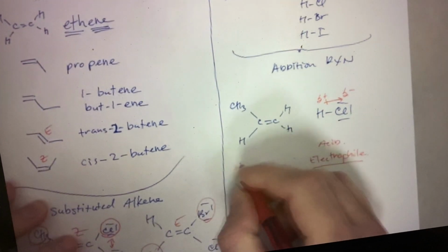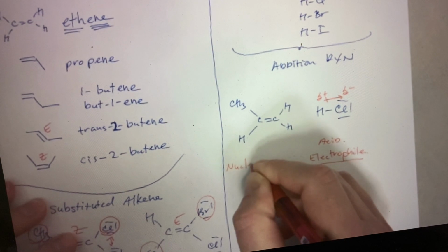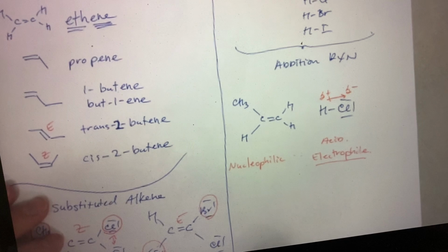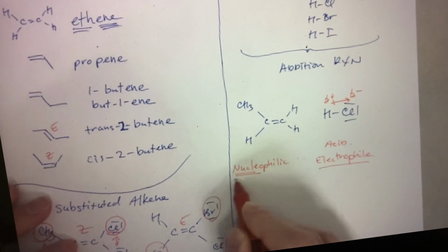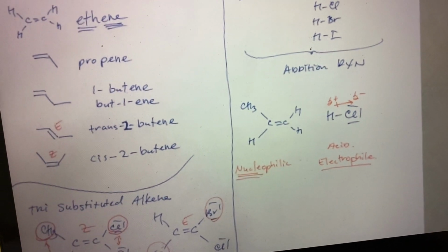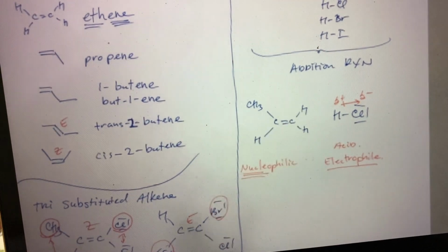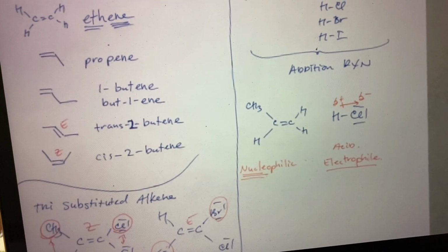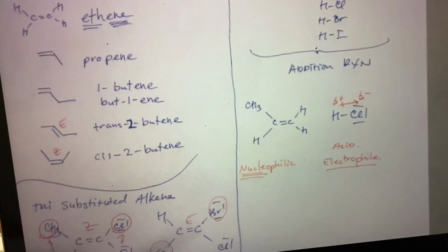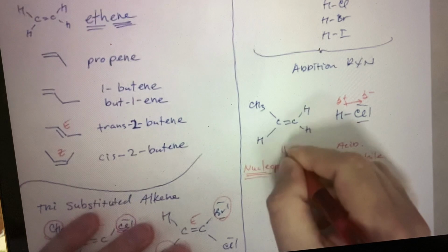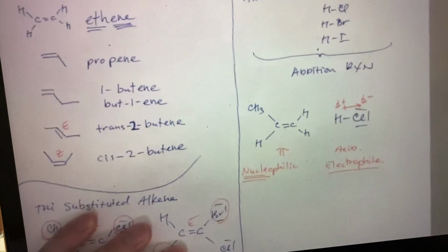Correspondingly, the pi bond is nucleophilic, or has electrons, or loves making bonds with nuclei. The pi bond could be considered a Lewis base, or even a Bronsted base. It can accept a pair of electrons, as we saw in our lecture. So this particular pi bond has an abundance of electrons, right?